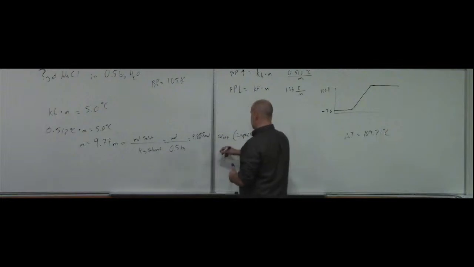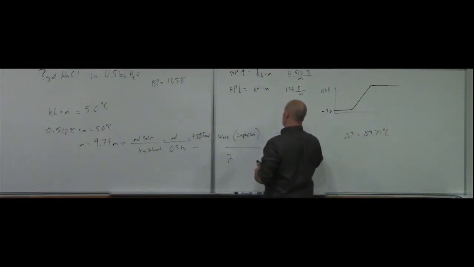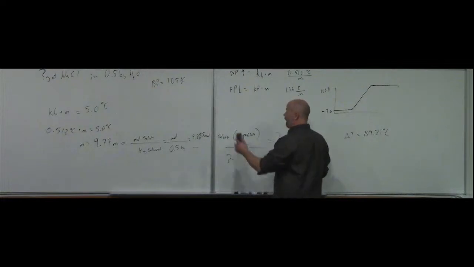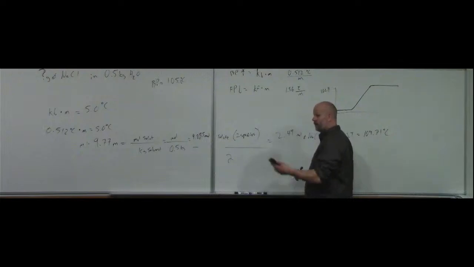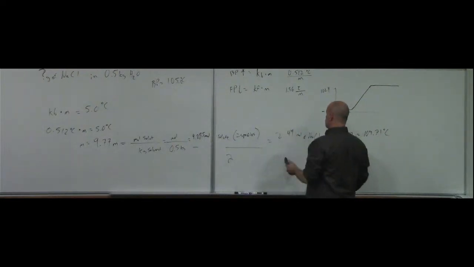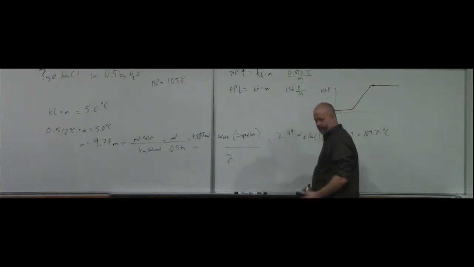So I divide the whole thing by 2. I'm going to get something like 2.44 moles of NaCl. So now I want my mass, so I simply multiply 2.44 times how many grams per mole.